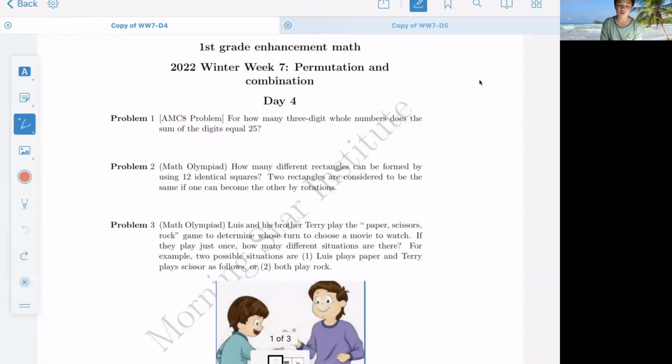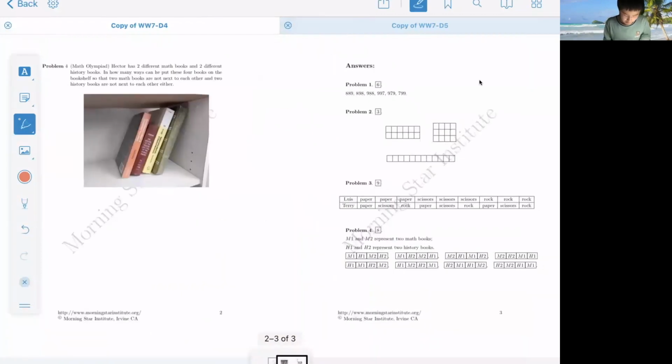Winter week 7, day 4. Problem number 1. How many 3-digit whole numbers have a sum of digits equal to 25? So we can try for the smallest digit to be 6. So we need the other two digits to be the largest, and the largest two digits possible are 9 and 9.